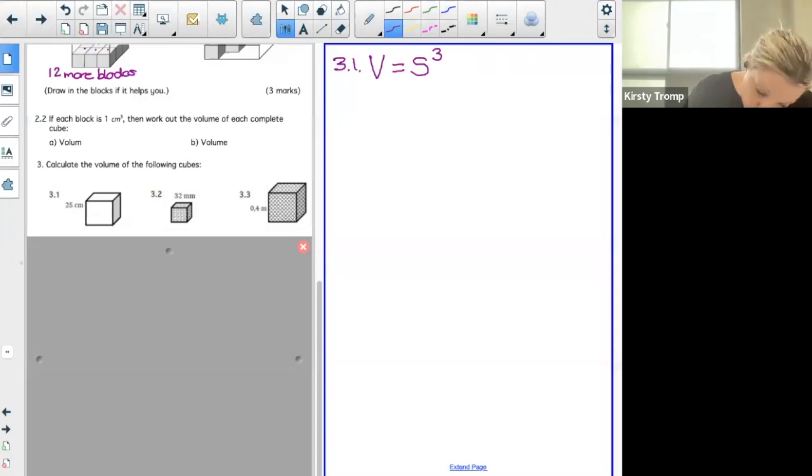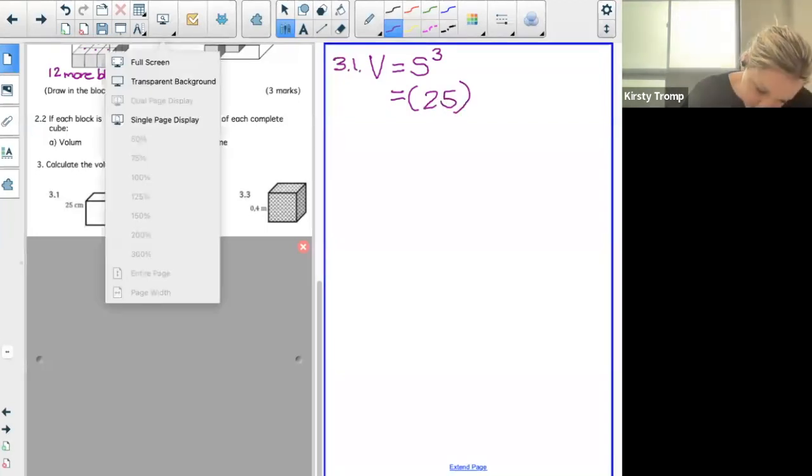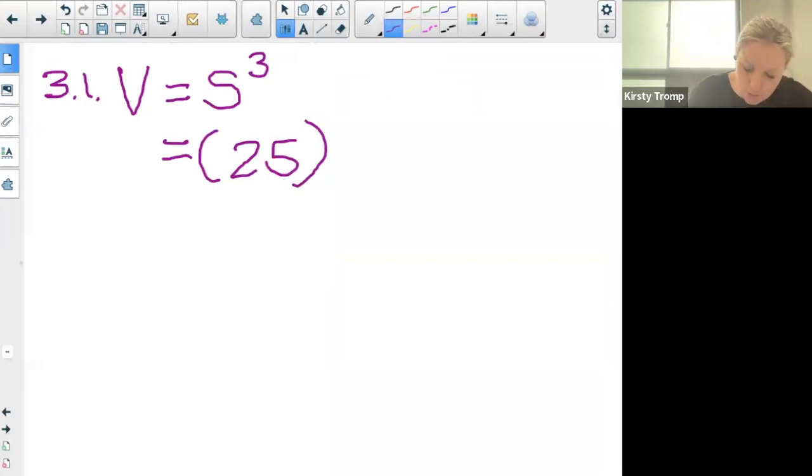And in 3.1, my side is equal to 25 centimeters. So I've got volume equals side cubed, so it's equal to 25 cubed.